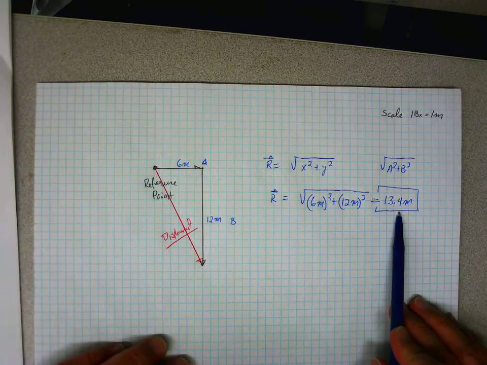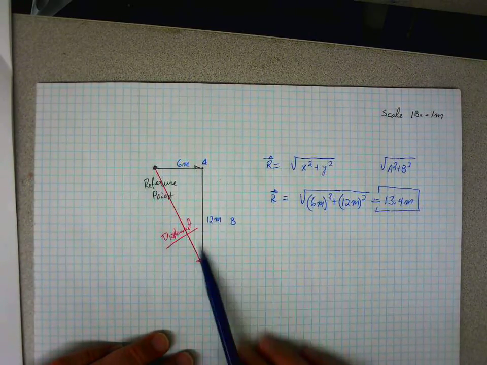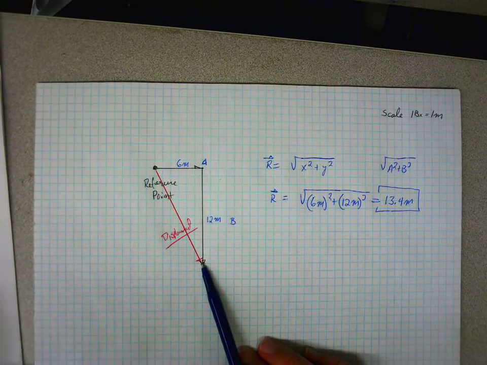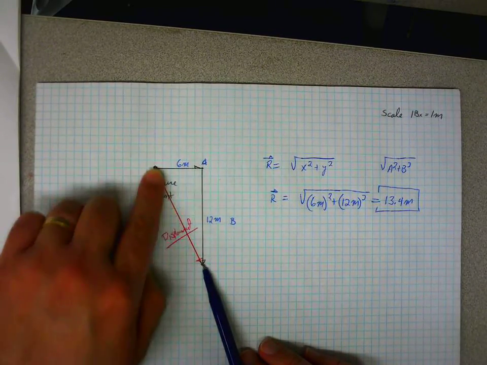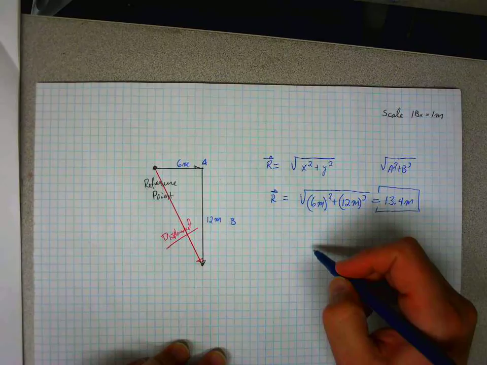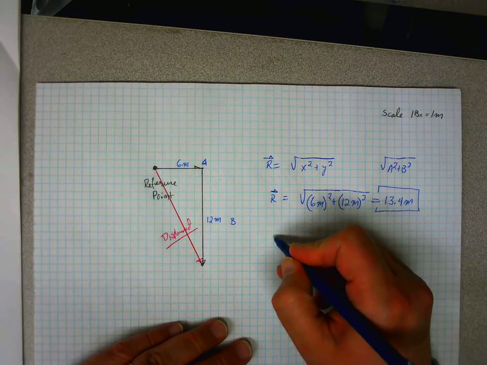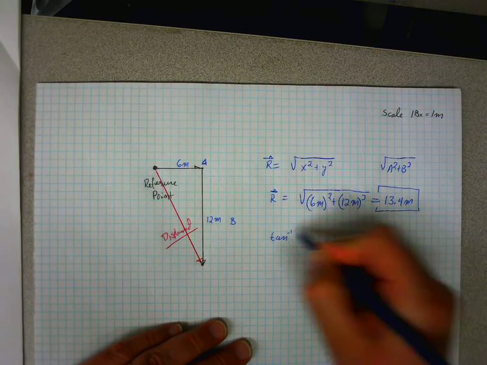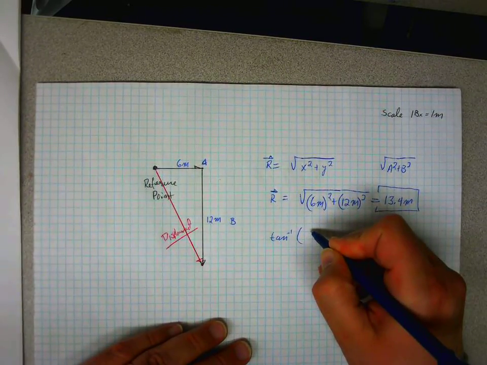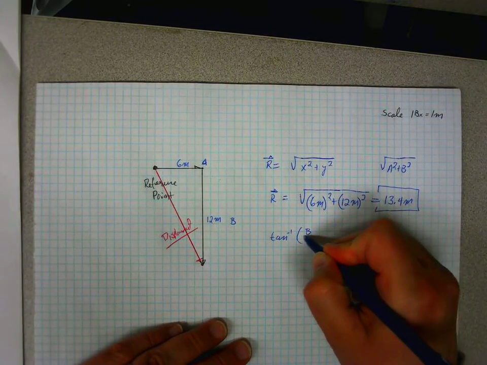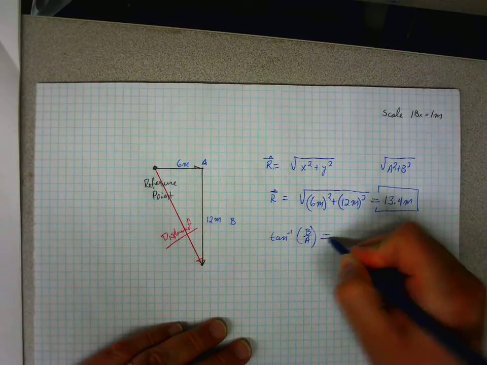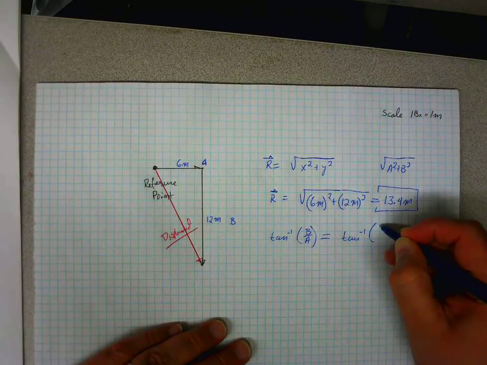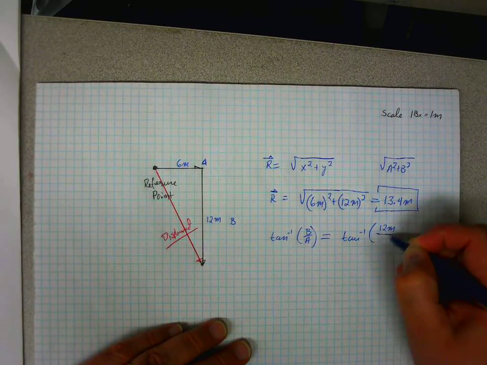Now, the question is, what is the direction that Angela is in? In order to do that, we have to use the secondary formula that we learned, which is arctan of B over A. In this case, we would have arctan of 12 meters over 6 meters.